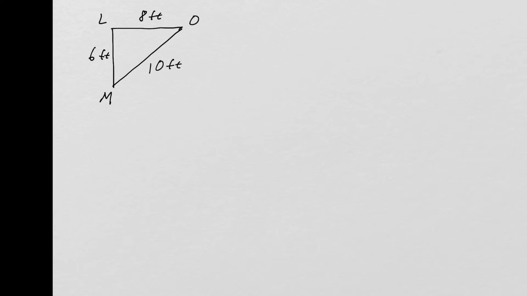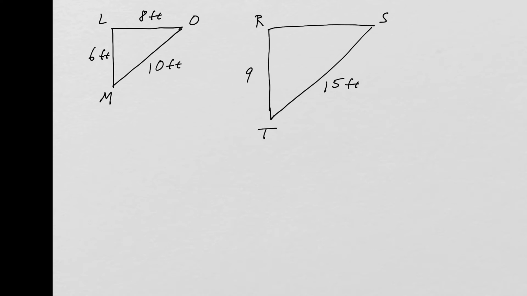Then I have another triangle. Let me call it RST. And let's say this is 15 feet. This is 9 feet. And let's say this length is unknown. So you can think of that as length RS, right? So I'll just call it Y for now.